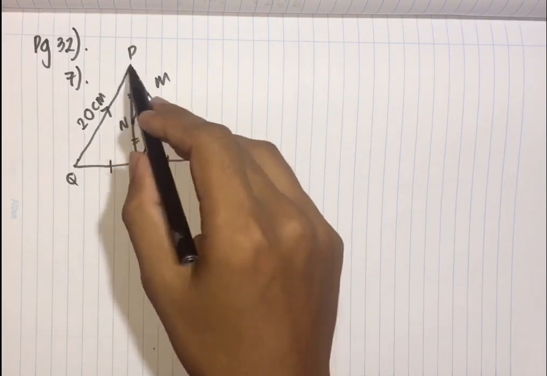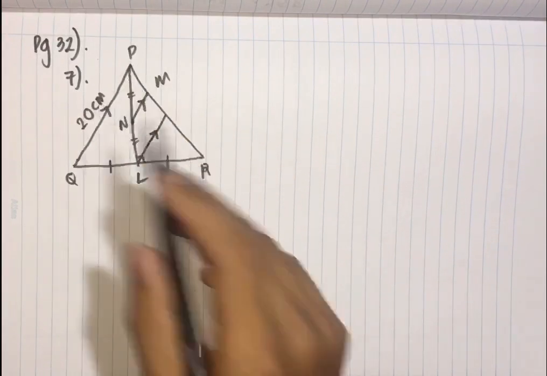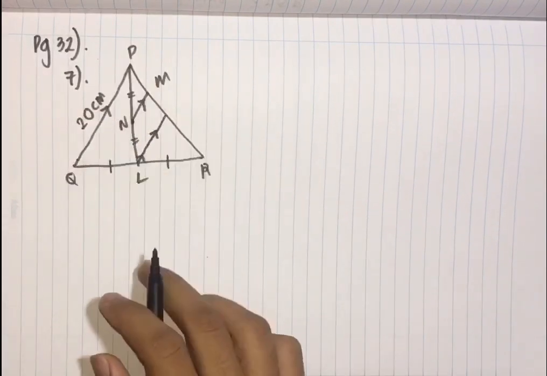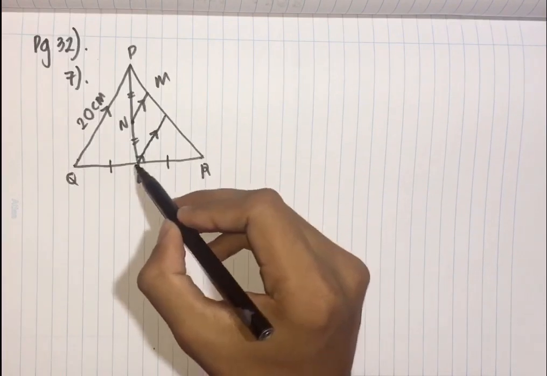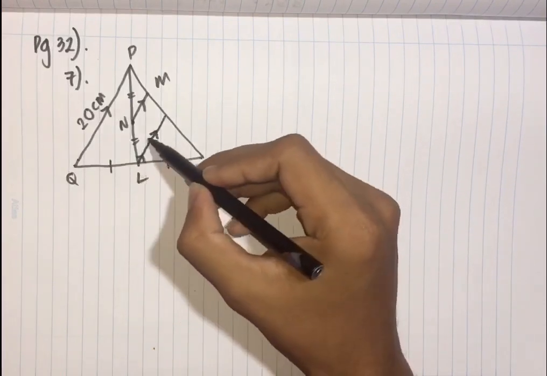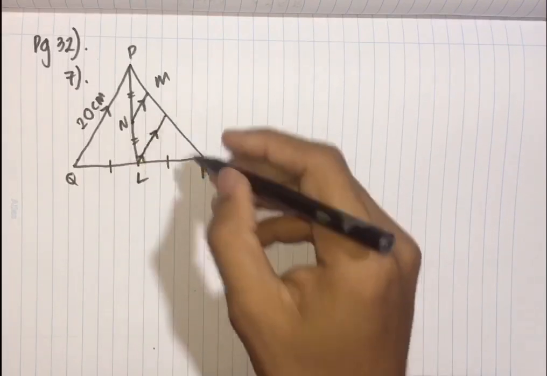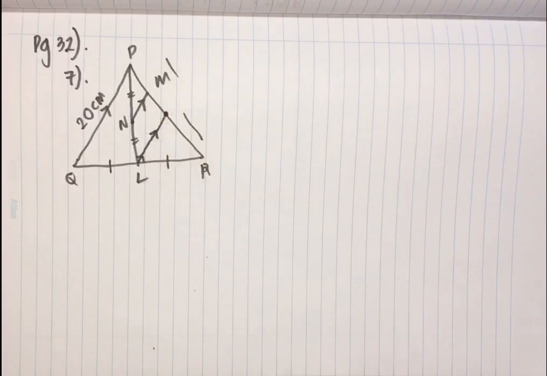That is, if you consider the whole triangle, from the midpoint, if you draw a line such that it is parallel to the third side, it meets the other side at the center. Therefore these two lengths are equal.